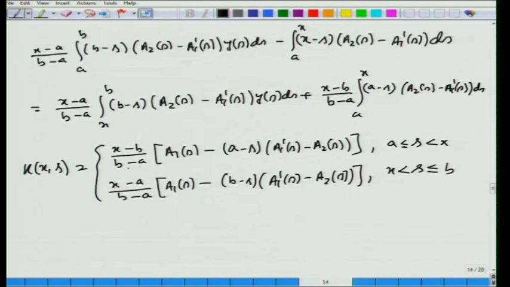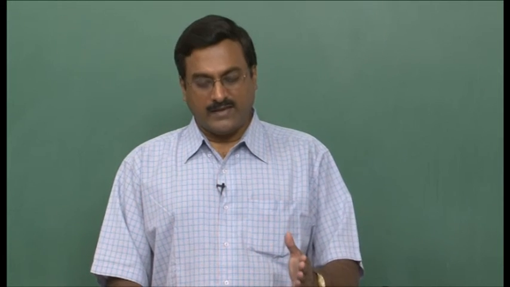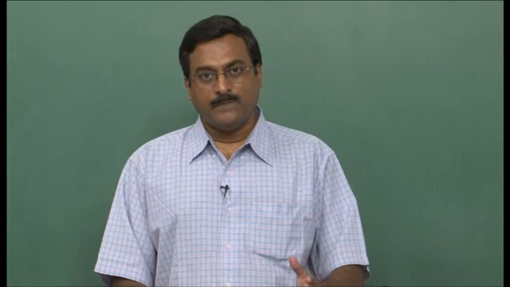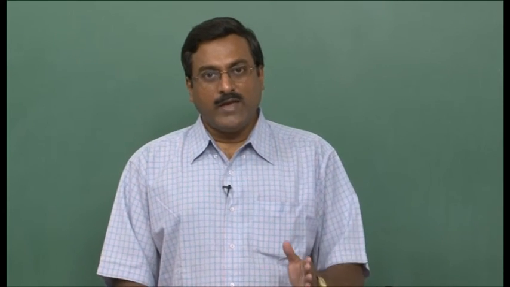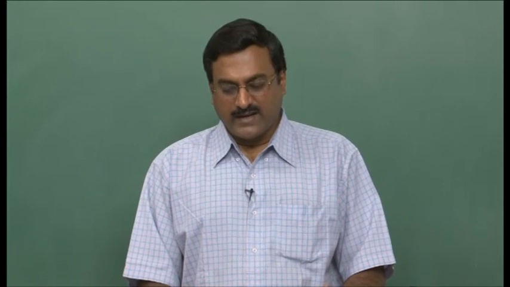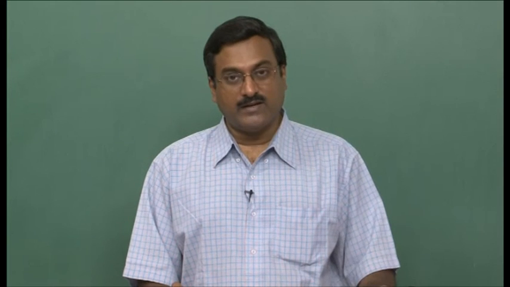So this is the expression for s less than x, and the next one is (x minus a) by (b minus a) times (a1(s) minus (b minus s) ...). So this is the kernel. With this kernel we can convert a general second order linear non homogeneous boundary value problem to a Fredholm integral equation, a linear integral equation of the second kind, and of course, this is a non homogeneous Fredholm integral equation.